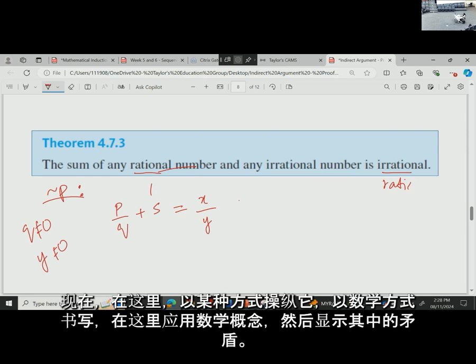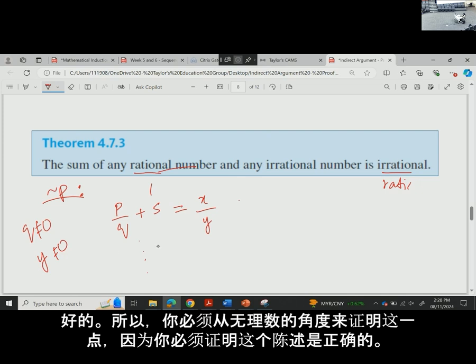Now manipulate it mathematically, apply mathematical concepts over here, and then show a contradiction in this. So you have to show it from the perspective of the irrational number, because you have to prove this statement to be true.